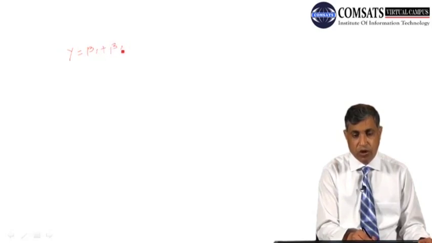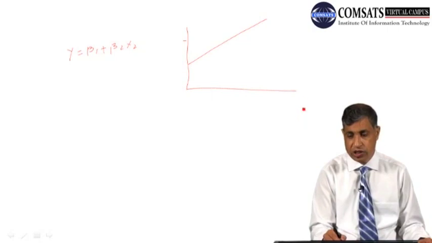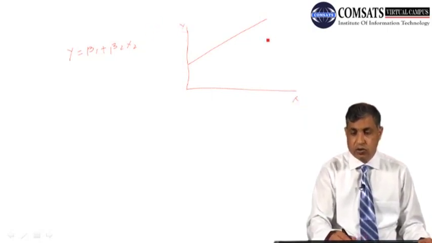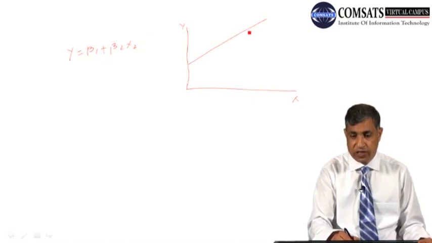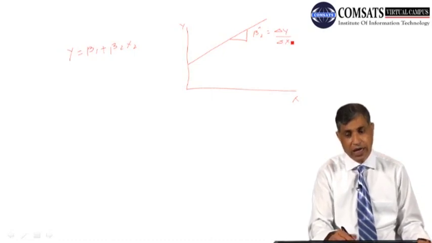Beta 1 plus beta 2 x2. And if you see it on the diagram, it is very interesting. This is your x variable and this is the y variable. The slope of this line is beta 2, and you know beta 2 hat is equal to delta y over delta x, the change in y with respect to x.